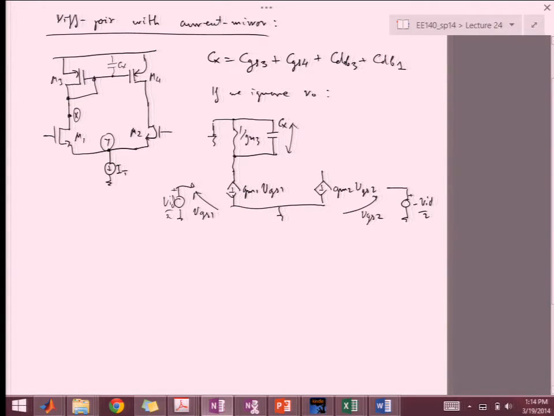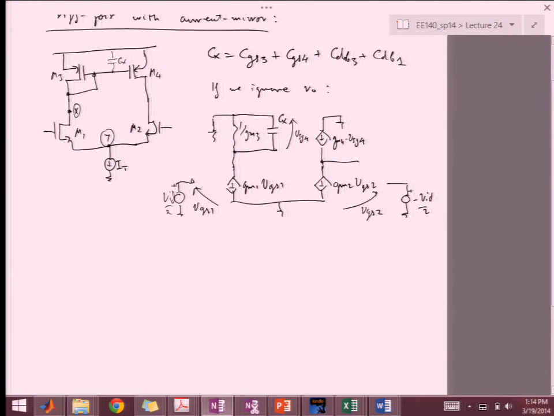Let's do it like this. VSG4, and then we have a source that is grounded, which gives us GM4 times VSG4. So I'm ignoring the R naughts, but I just want to see what the transconductance is.